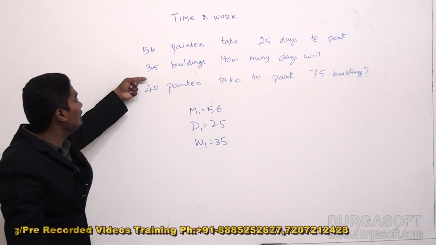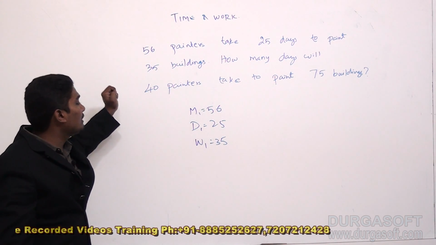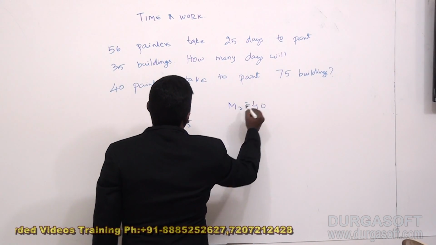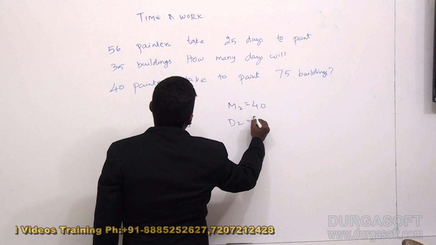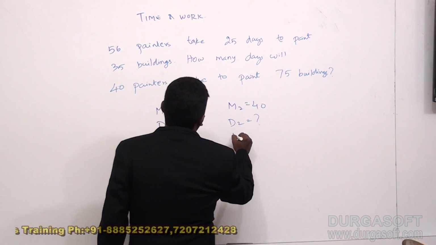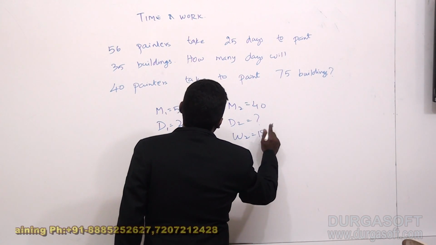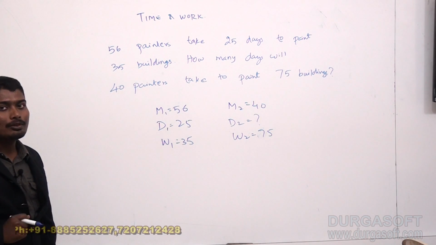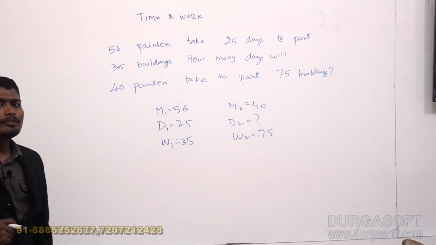So here the work done is the number of buildings painted. In the second case, M2 is given as 40, D2 is what they are asking for, and W2 is given as 75 buildings. We know the direct formula here.